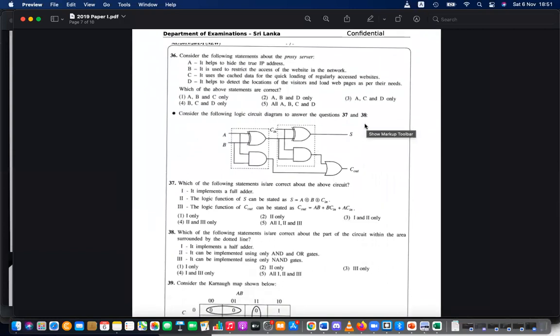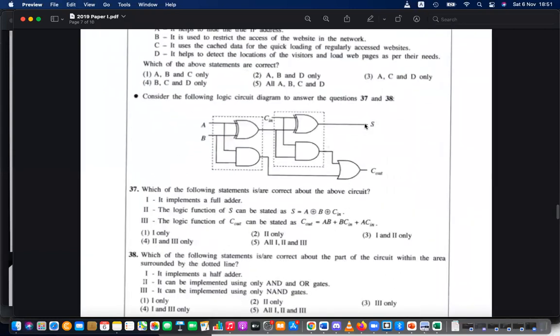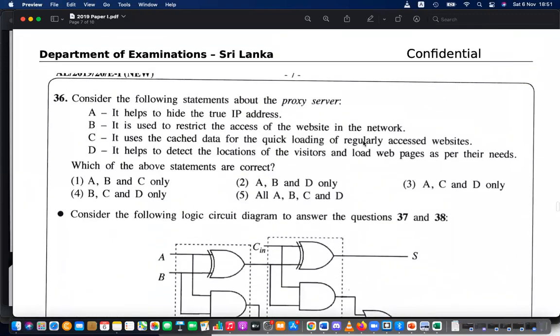Consider the following statement about proxy server. It helps hide the true IP address. Main intention is not that, but yes, it helps, right? Main intention is not to hide the address. A proxy server is like, in Sinhala we call balalun lawa kossata bæwima, something like that.